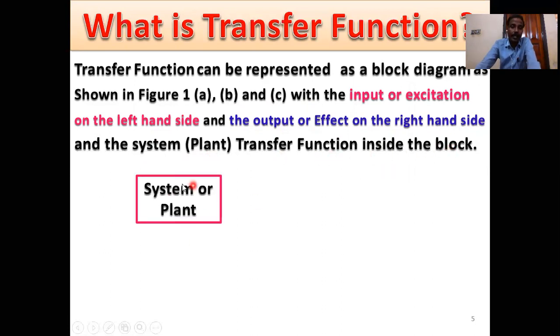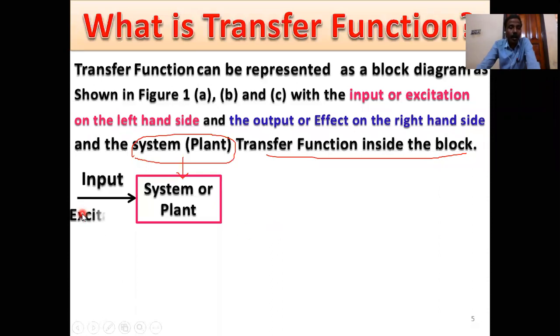This is the system, plant or process. This is the inside of the block. And this is the input or set point, also called excitation or cause. And this section, the output section, is the effects.